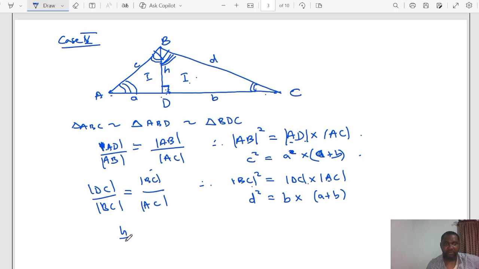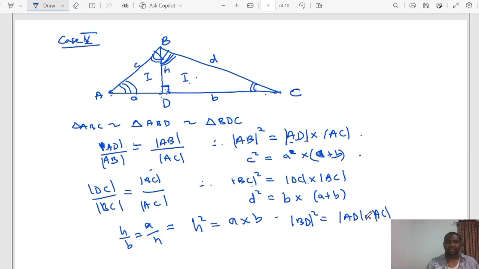So that means H over B is equal to, now the side in this other triangle that is between the right angle and the double line is actually H. The right angle and the triple line is A. So that means A will be up here and H will be down here. Can you see that? So by the time you cross multiply, you are going to have H squared is equal to A times B. So these are the formulas that you should remember. Or if you like, you say BD squared is equal to AD times AC.